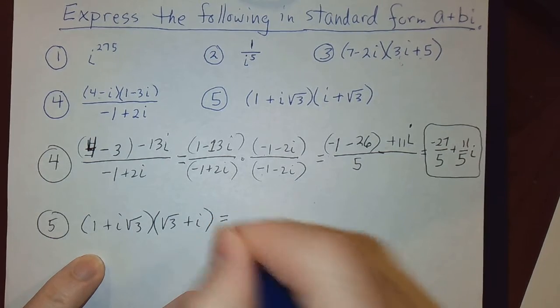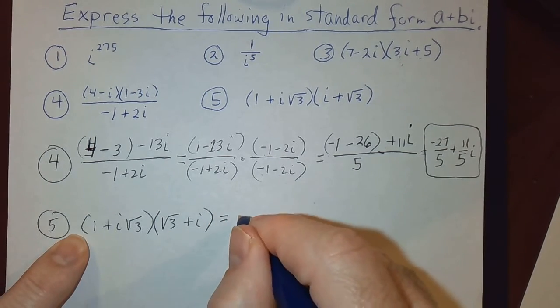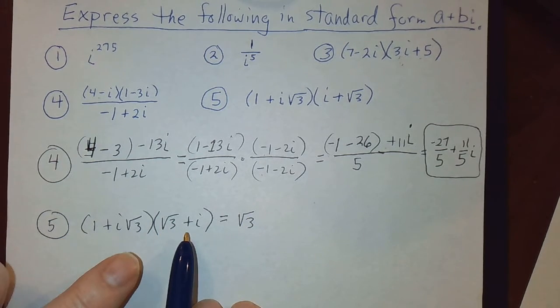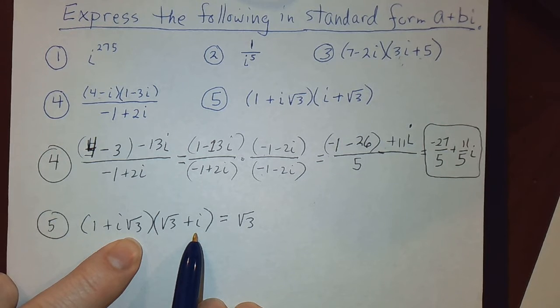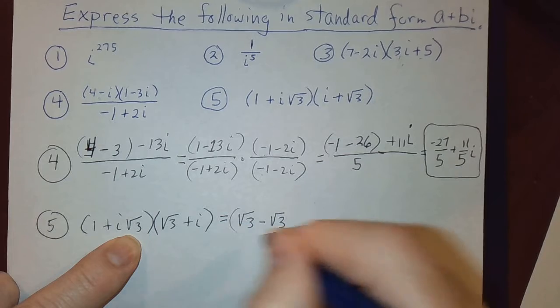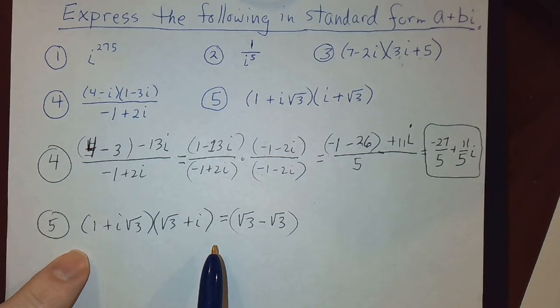All right, let's FOIL this out. So F is going to give us a radical 3. First, the last, which will be a real number, the last is going to be radical 3 times i squared, which is a negative radical 3. That's the real part. Now we'll do the outer and the inner.